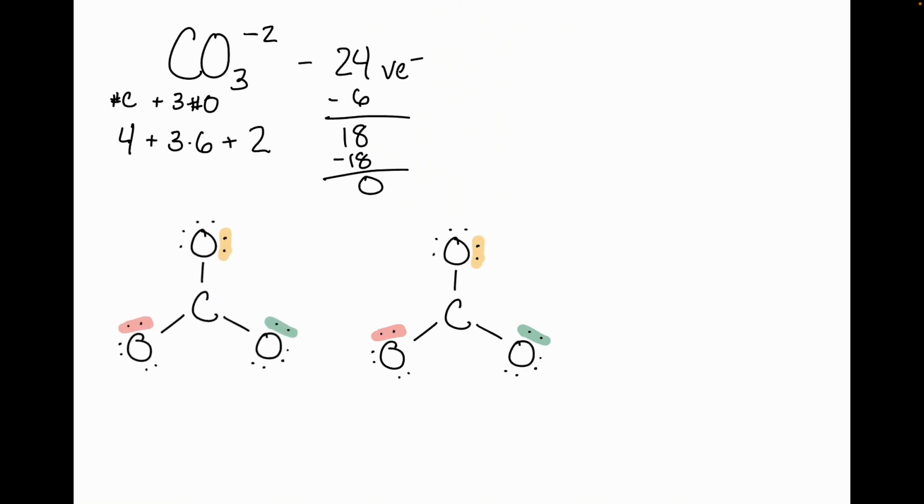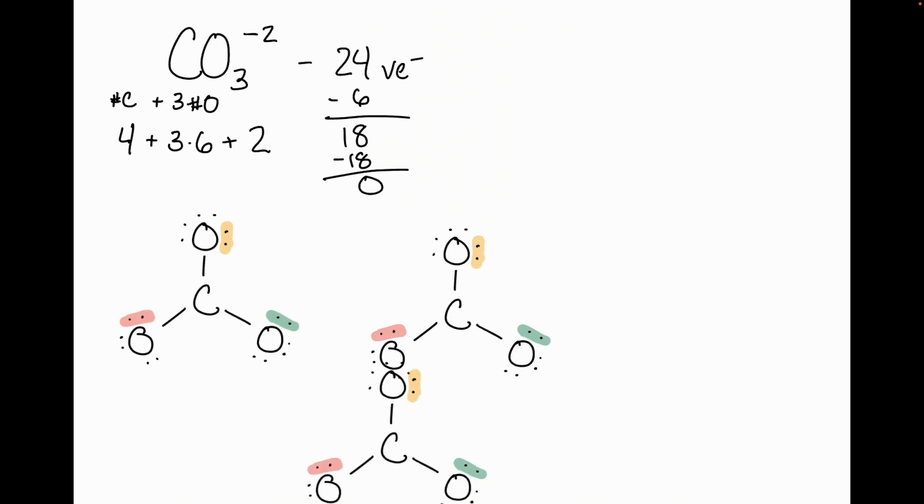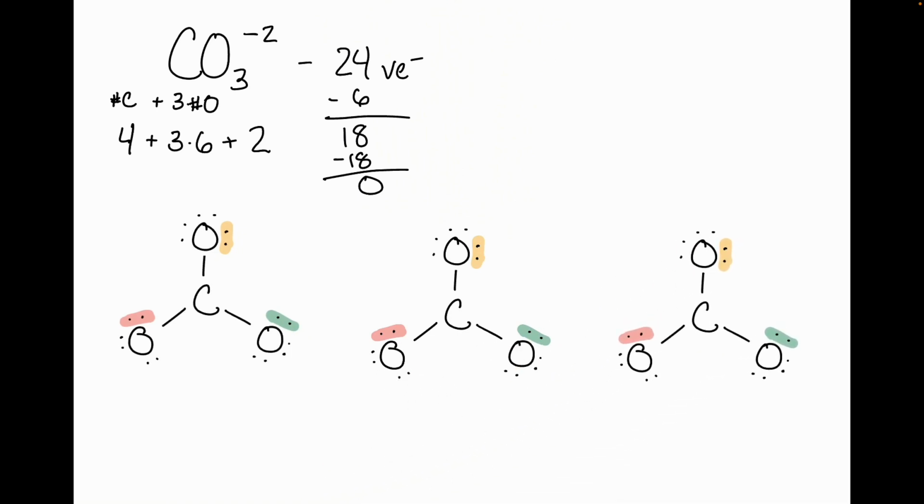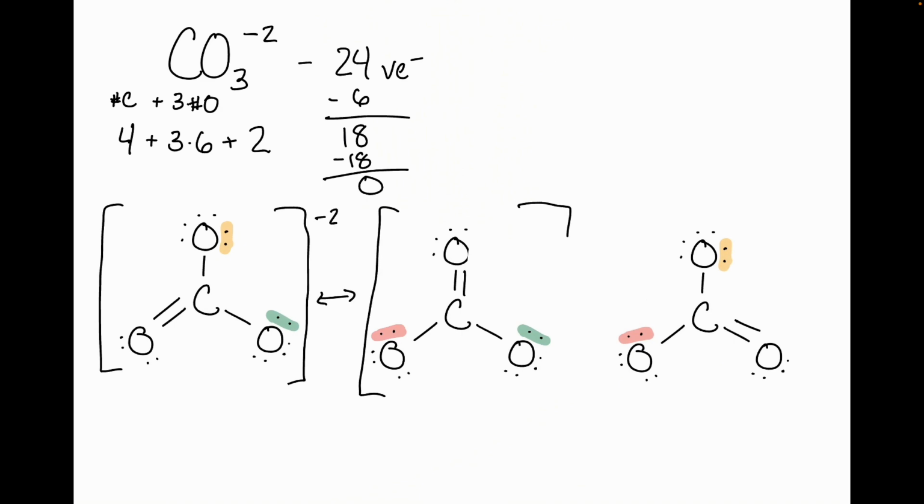Okay, so our Lewis structure for the carbonate ion would really consist of three resonance contributors, one with a double bond on the left, one with a double bond on the top, and one with a double bond on the right. And to finish this off, we would put it in brackets with that net charge and separate these structures with that resonance arrow, that two-headed arrow.